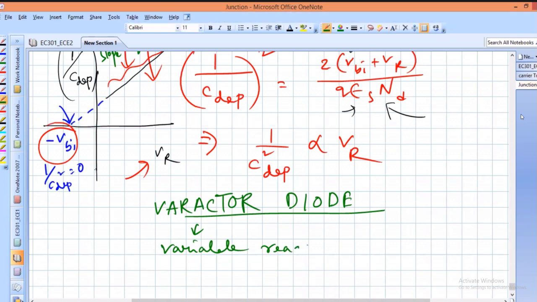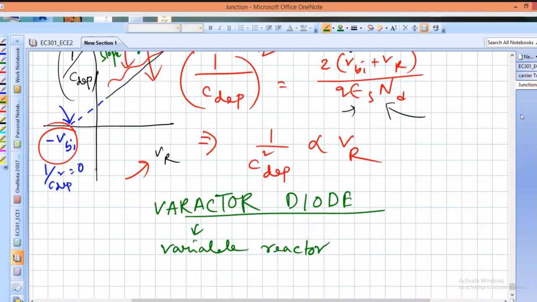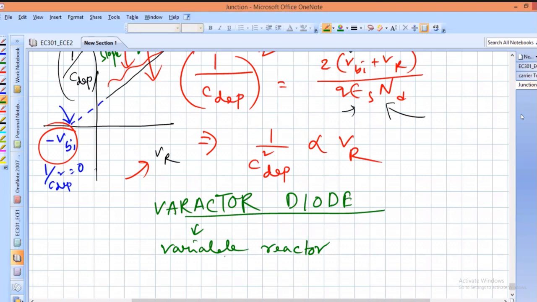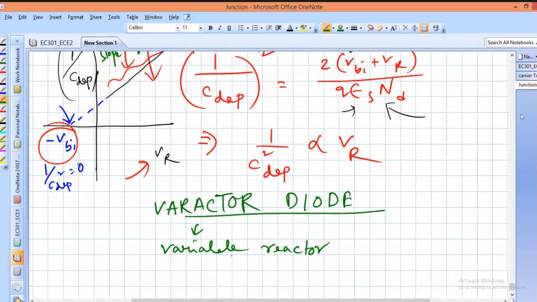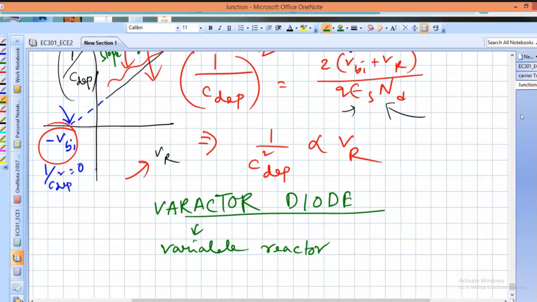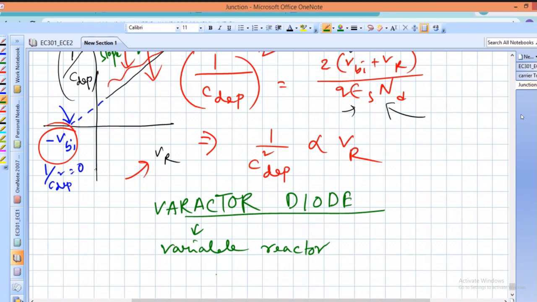Literally, you know this, you read this in your diploma. Varactor, variable reactor, means it is a device whose reactance, in this case capacitance, can vary in a controlled manner with bias, with DC bias.